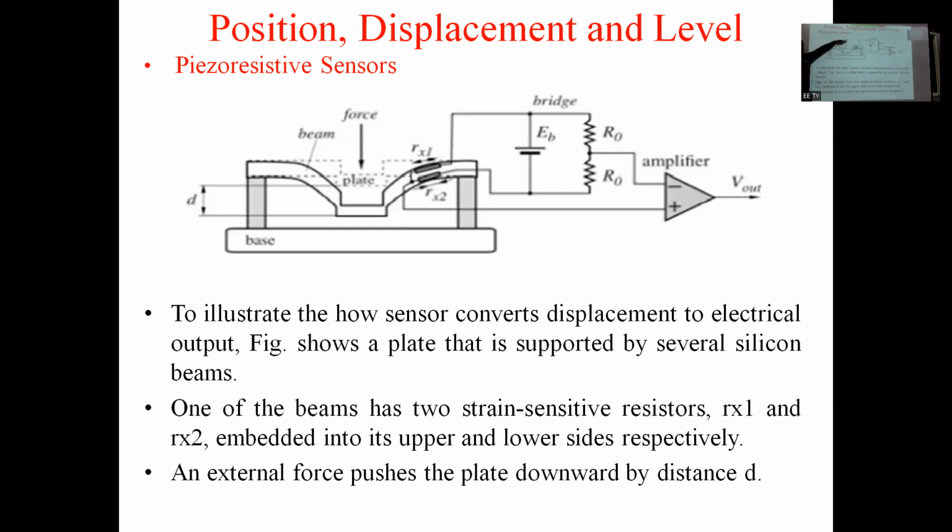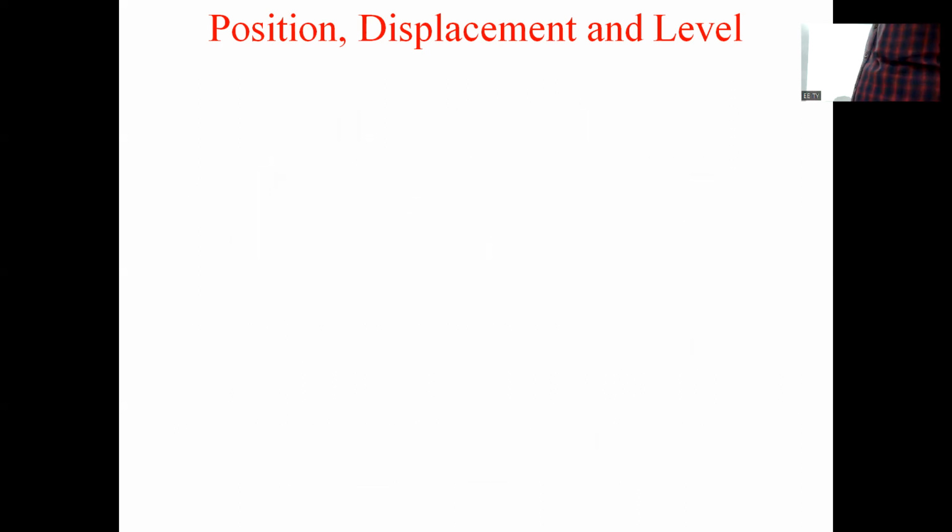आपण जो काय external force यूज करतोय this force will push that plate in the downward direction by some distance d. d distance ने काय करते ते displace करते. At that situation structure will change, that means beam bends.